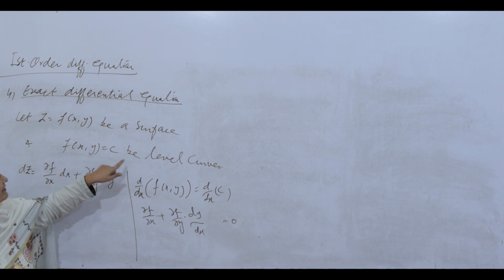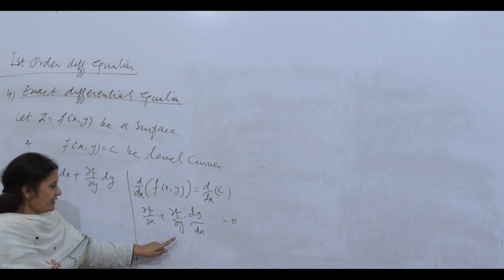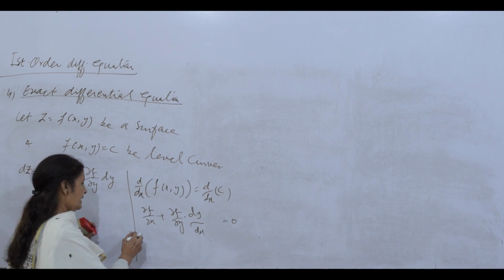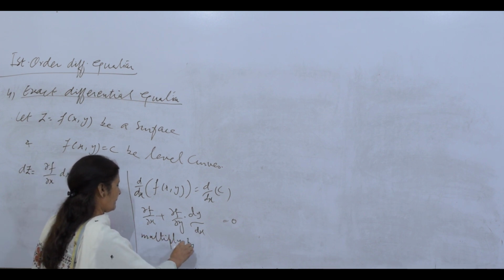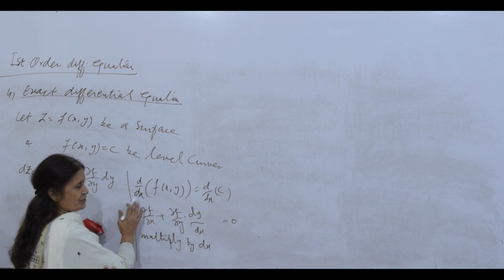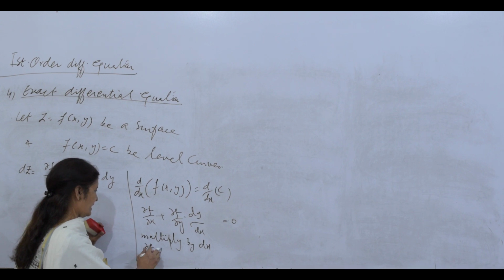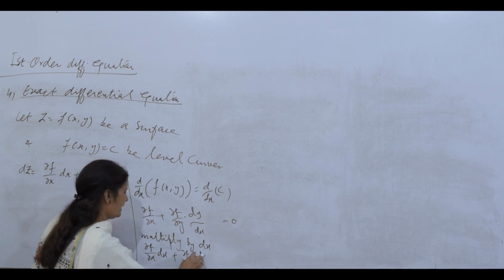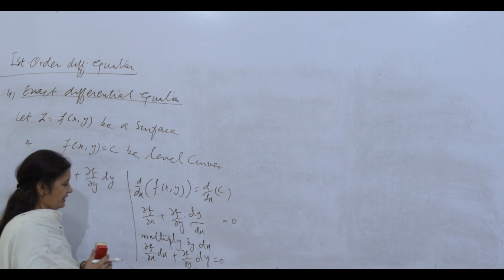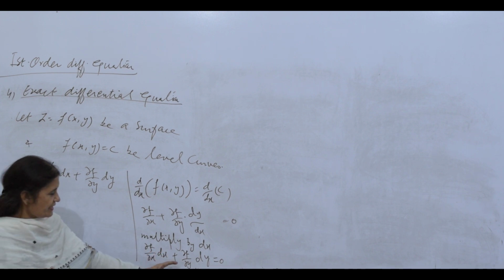Here I am taking the derivative of the level curve, and here the differential of the surface. Multiply this equation by dx. So you are getting partial f by partial x dx plus partial f by partial y dy equal to 0.